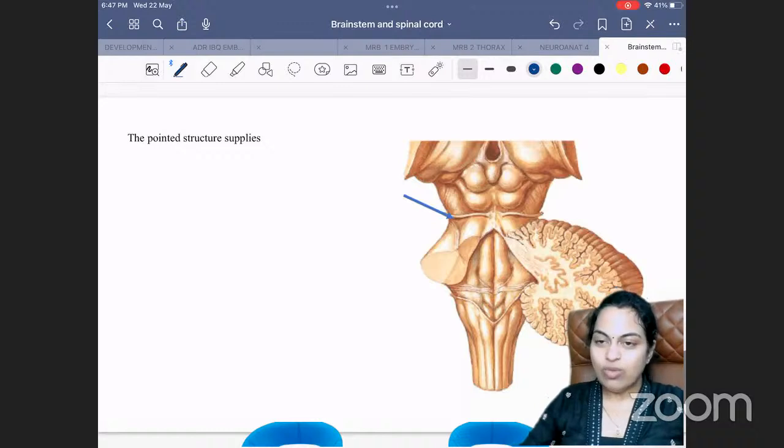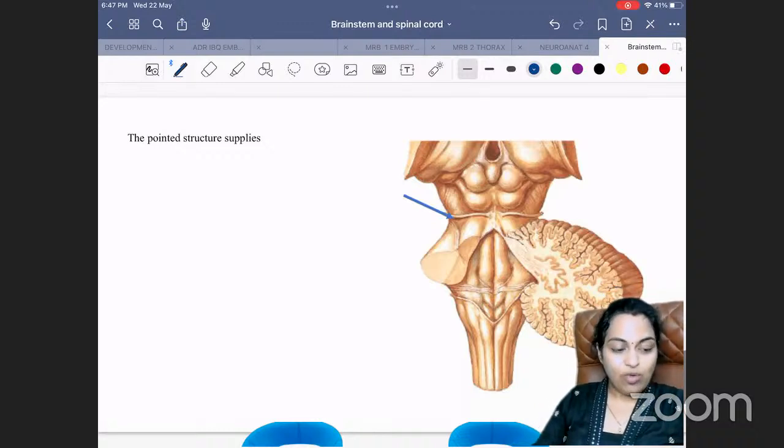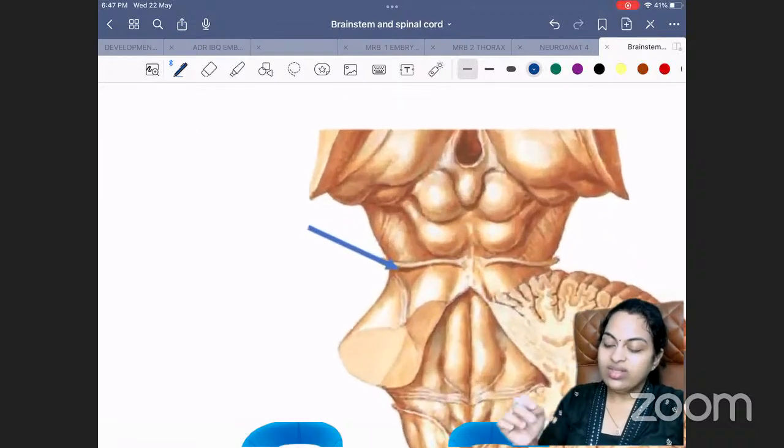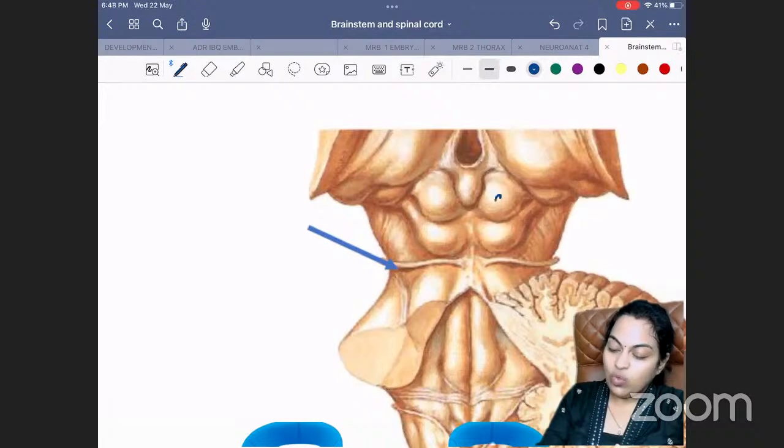So what is the structure pointed out here? This is the posterior surface, the dorsal aspect of the midbrain, isn't it? So what are the things you get to see here? This is the superior colliculus. This is the inferior colliculus. This is the pineal gland. This is the region of the third ventricle.